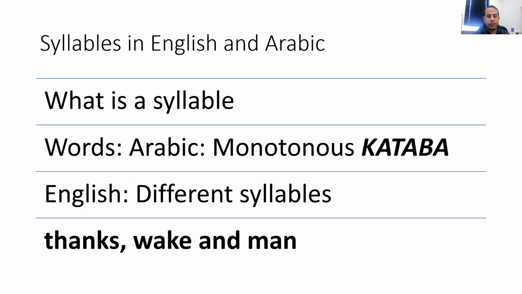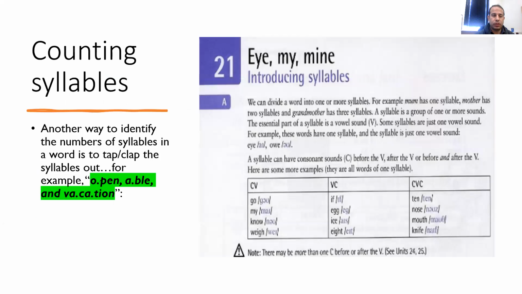So for example, in English, you should keep in mind how many syllables a word has in order to say it naturally. So the first word here, for example, how many syllables does it have? It has just one syllable. It's things, just one syllable. The second one, it's way, just one syllable. The last one is man, just one syllable.